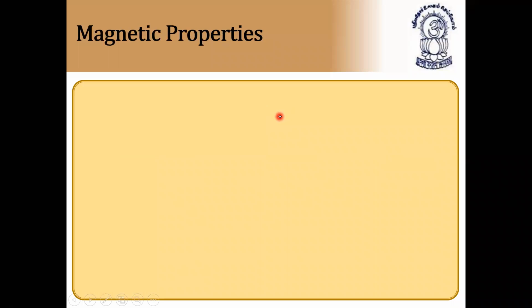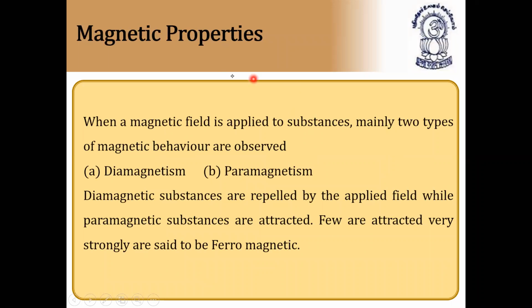Next, magnetic properties. Generally we have two types of magnetism, mainly diamagnetism and paramagnetism, and a few are attracted very strongly and are said to be ferromagnetic. When a magnetic field is applied to substances, mainly two types of magnetic behavior are observed: diamagnetism and paramagnetism.